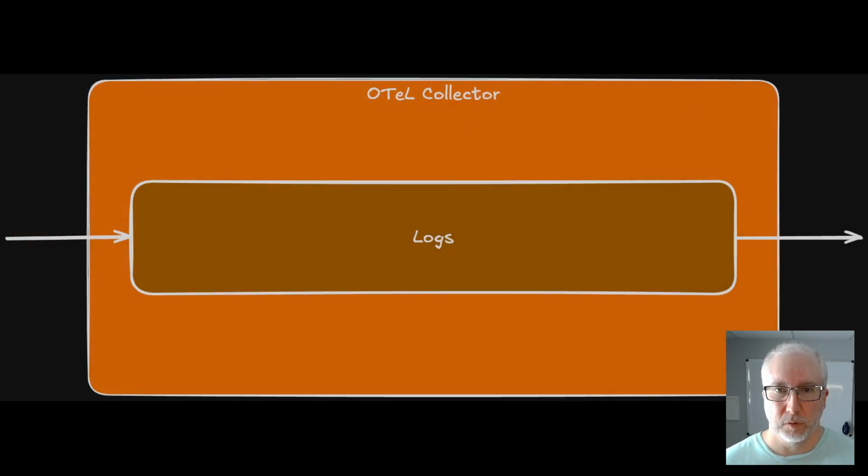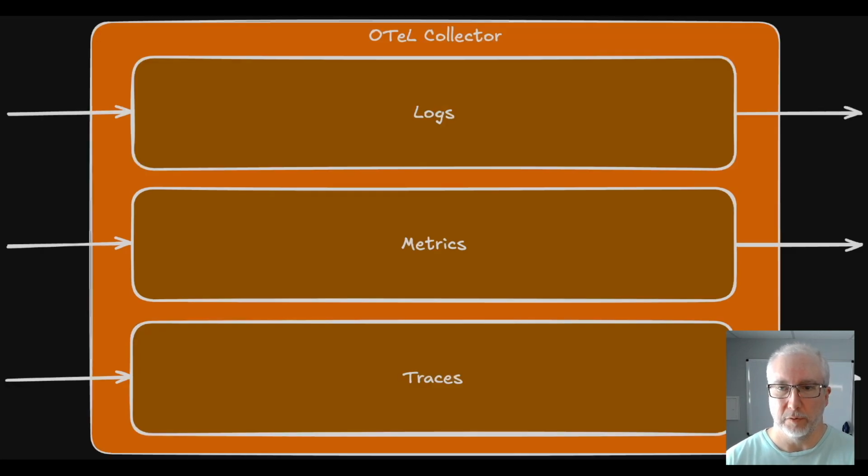Let's move on to talking about the different components within a collector itself. So I mentioned previously that each collector consists of pipelines. We can configure at least one pipeline. In this case, we have a logs pipeline that will receive data and send it out. We're also able to define multiple pipelines within a collector.